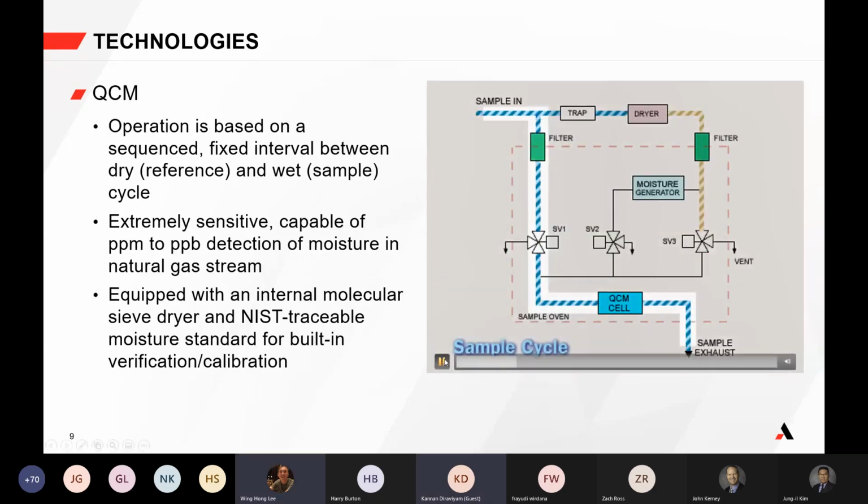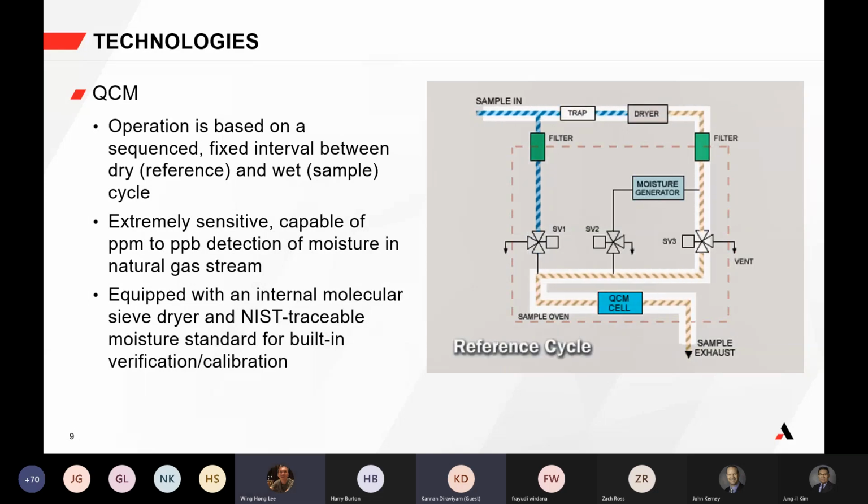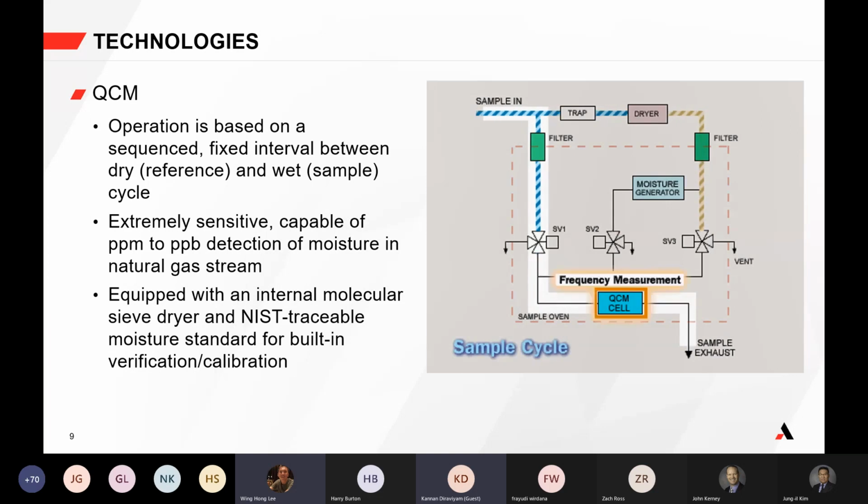Operation of the system: the basic sampling system is based on a sequence of fixed interval between a dry or reference cycle and a wet or sample cycle. The QCM is extremely sensitive, capable of ppb detection of moisture in a natural gas stream.